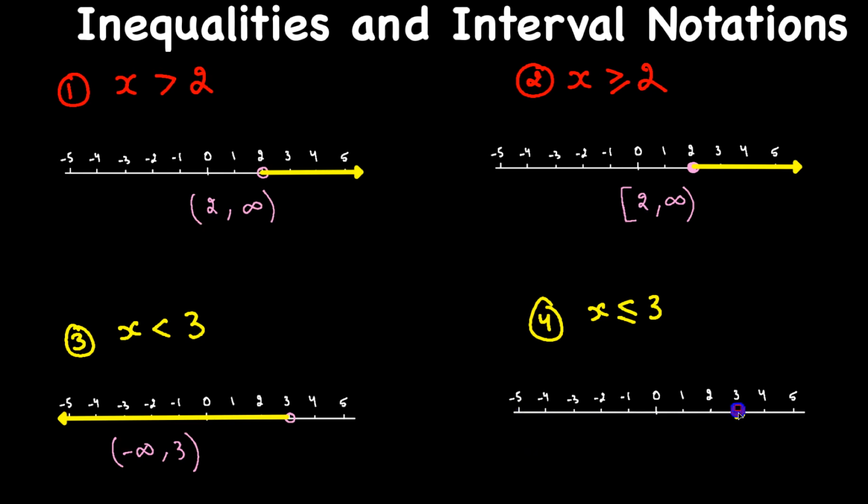So there you go. And in interval notation, it'll be negative infinity and 3, infinity always round, and this 3 is included, as there is an equal to sign, so we use a square bracket. Okay, so that's how you can write interval notation and show inequalities on a number line.